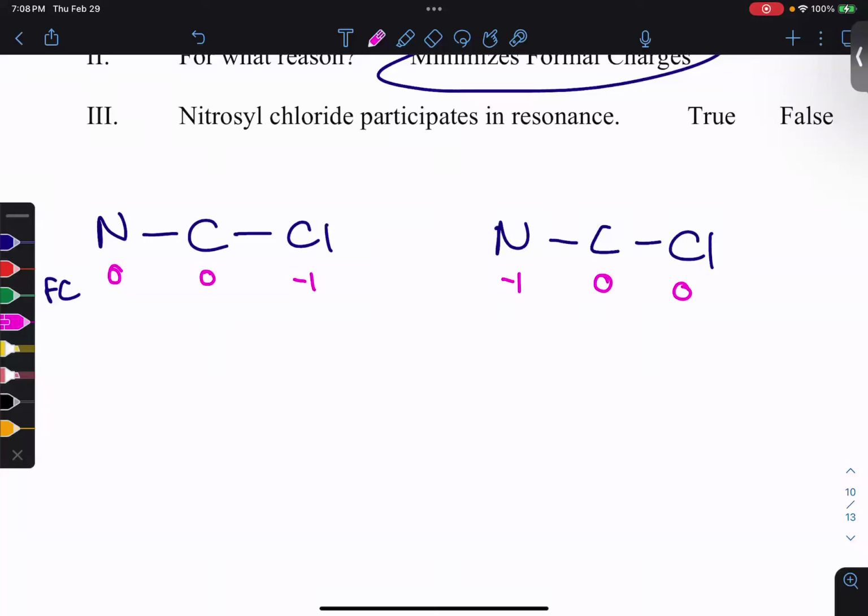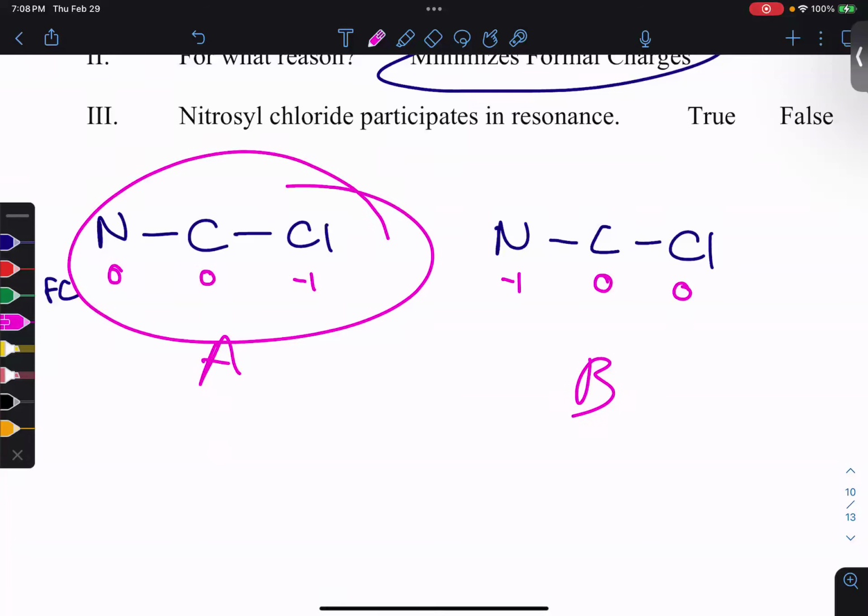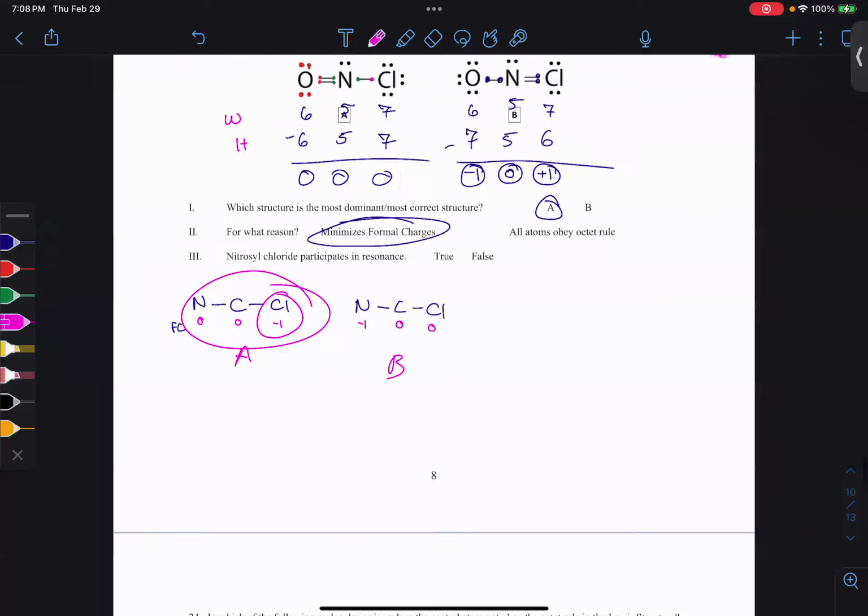So if we have a choice, we want to put that negative charge on which atom? The Cl. I know it's not complete. I just wanted to put the charges on different atoms. And so yes, that -1 charge will be much better suited on a chlorine atom versus a nitrogen atom because of electronegativities. Okay, so that's another way we could do it.